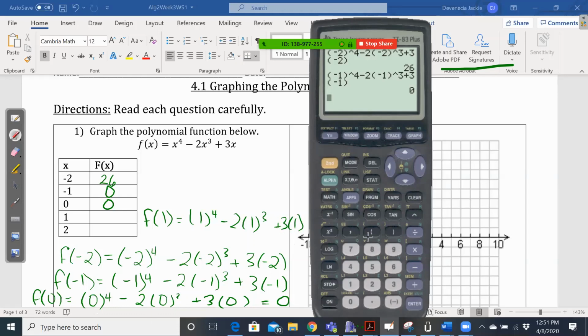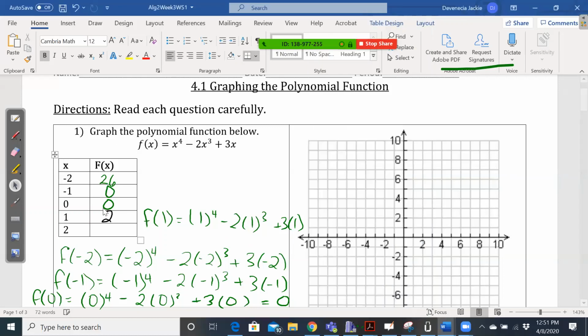So let's put that into my calculator: 1 to the 4th power minus 2 times 1 to the 3rd power plus 3 times 1. Okay, so now that is going to give me 2.